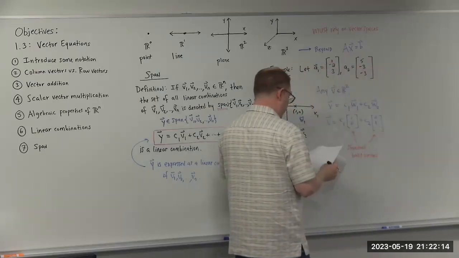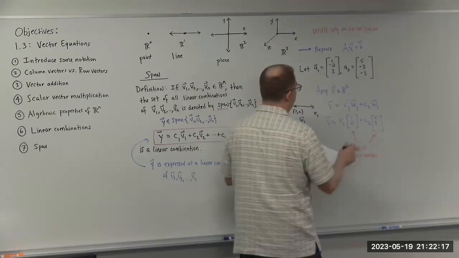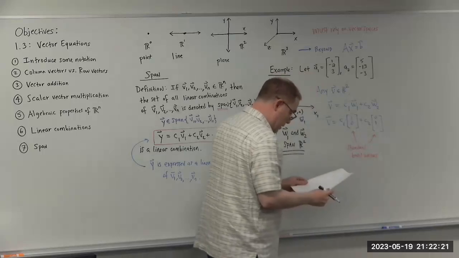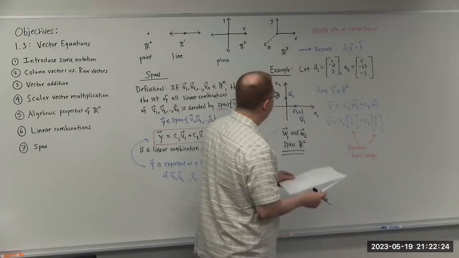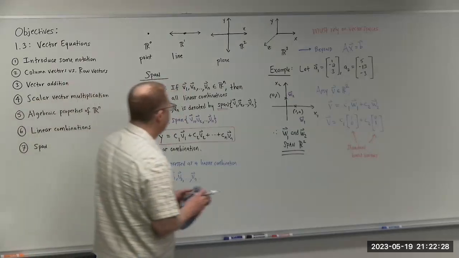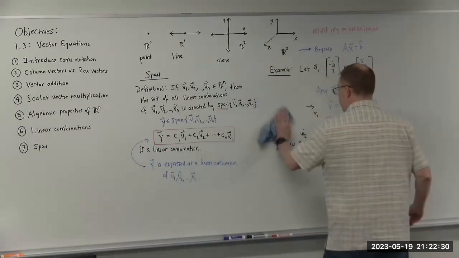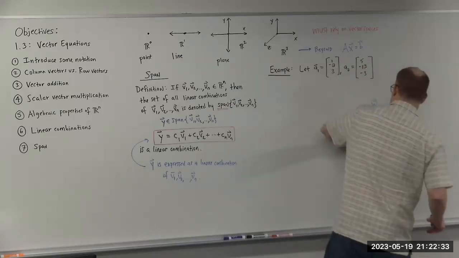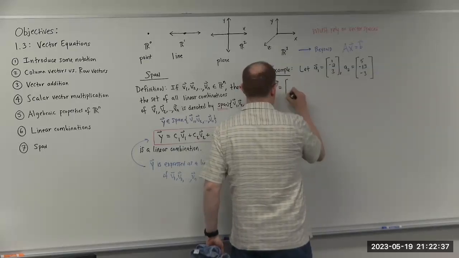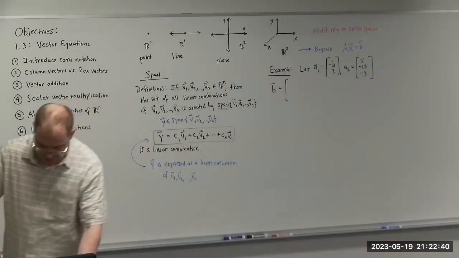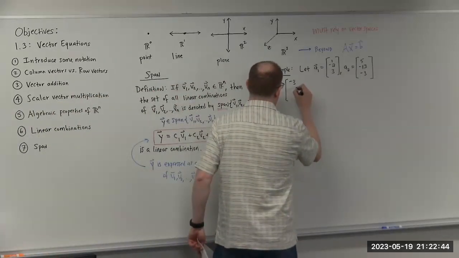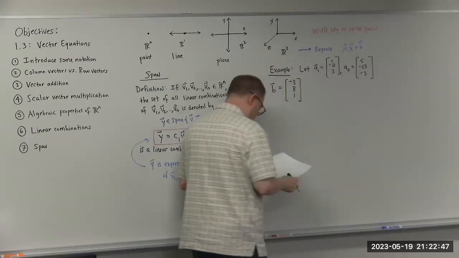And we have our vector B. The vector B here is going to be negative 3, 8, 1.